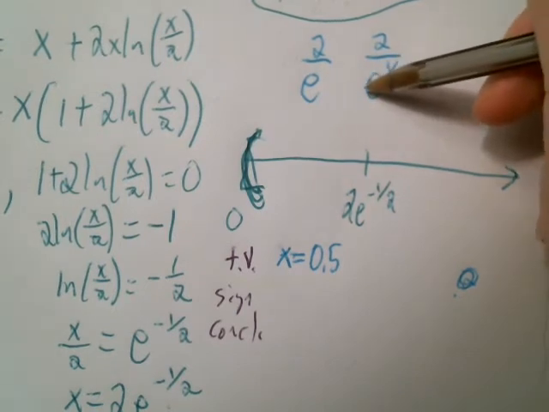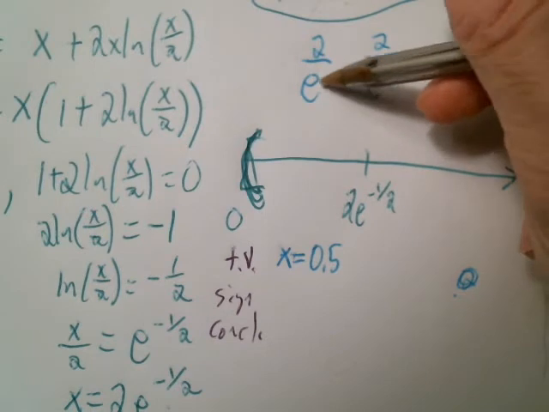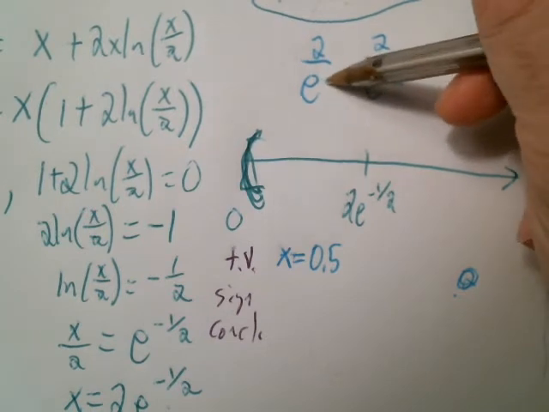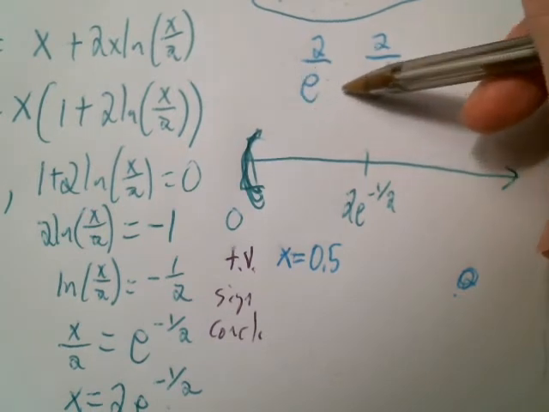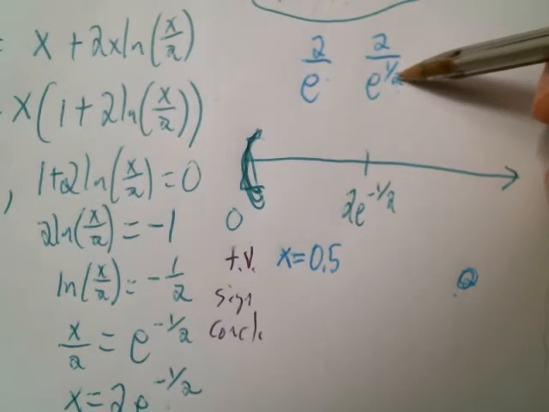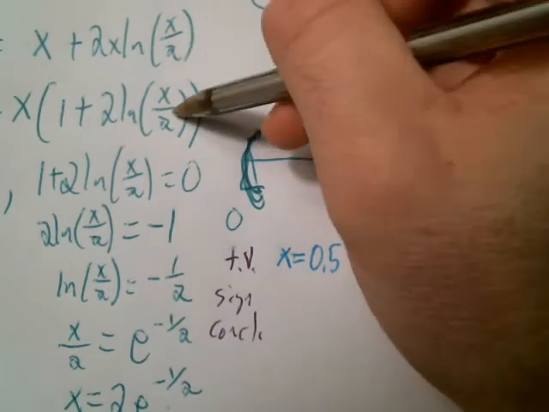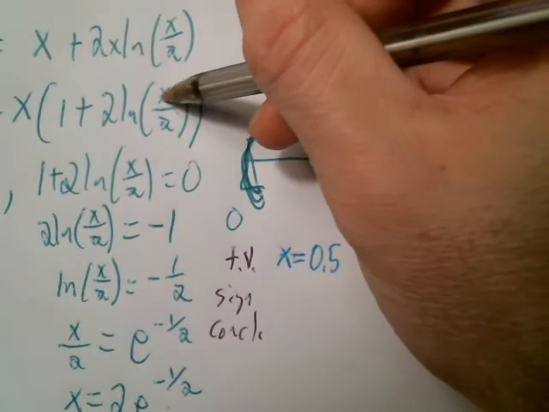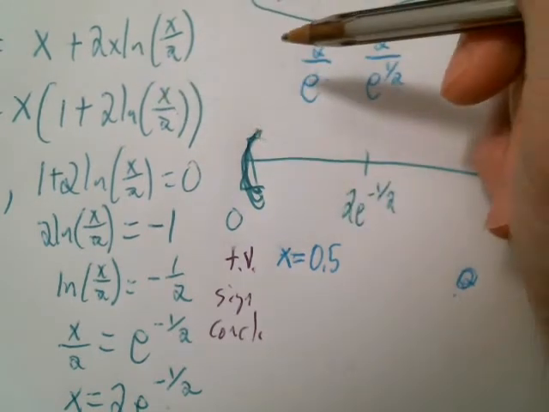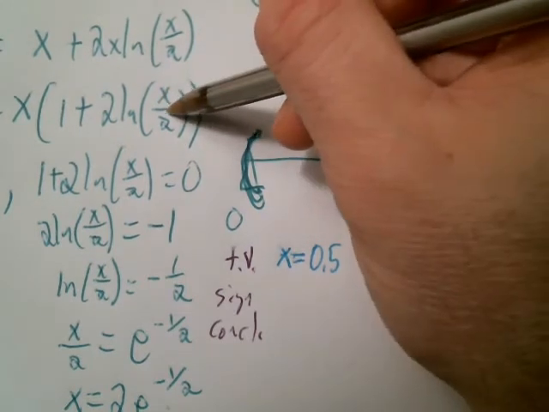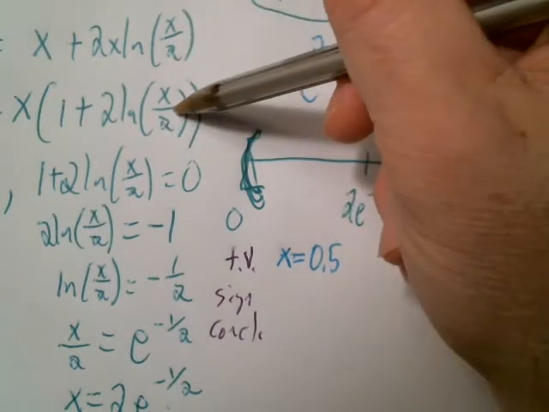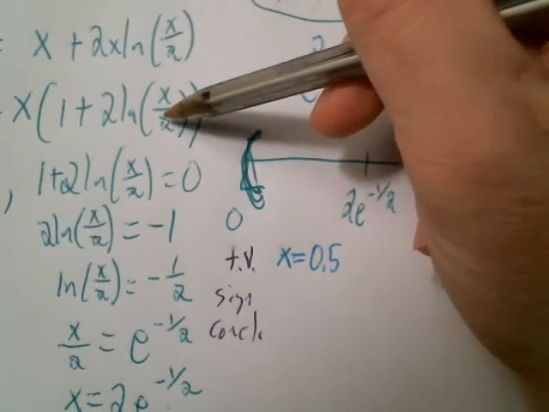So instead of taking the square root, if you just leave it as e, it'll have a bigger denominator, therefore be smaller than this thing. Okay, so if you put 2 over e into here, you'll have 2 all over e times 1 over 2, so it ended up being 1 over e.